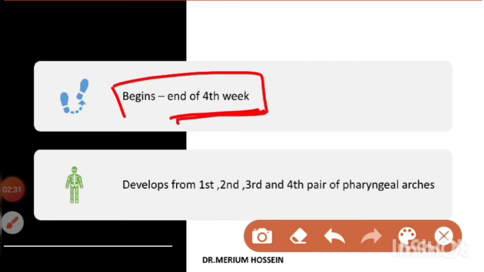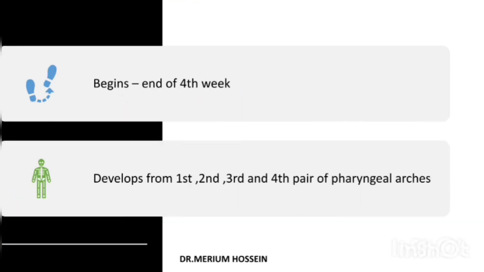You need to know this. And the second thing is that it comes from the first, second, third, and fourth pair of pharyngeal arches. All of these four pairs of pharyngeal arches are involved in its development.